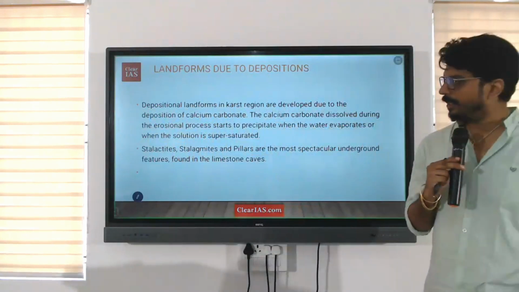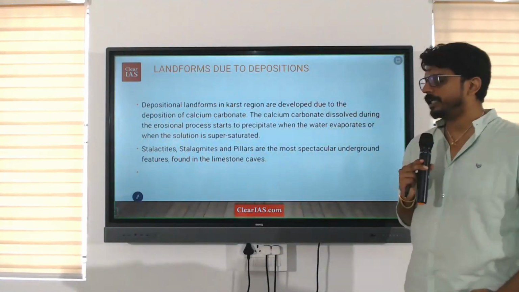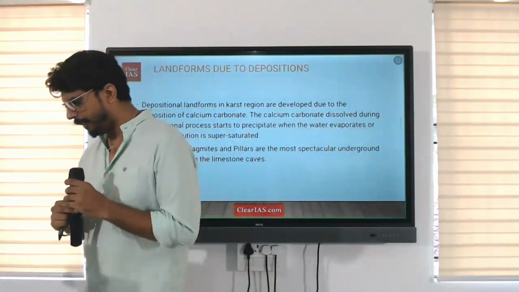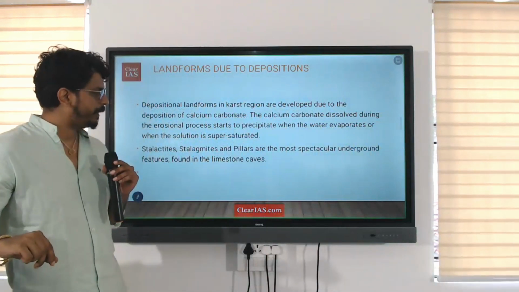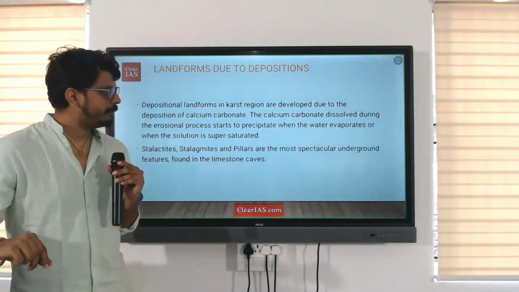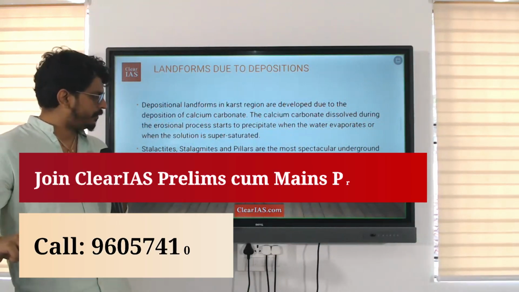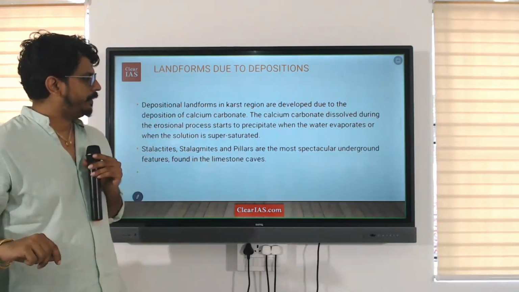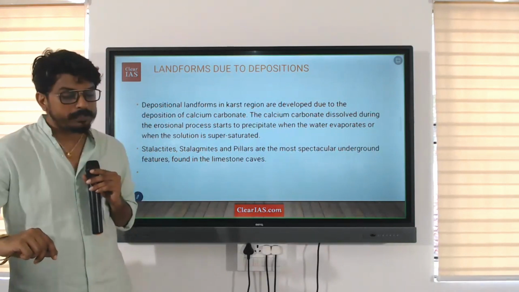The depositional landforms in the karst region are developed due to the deposition of calcium carbonate. The calcium carbonate dissolved during the erosional process starts to precipitate when the water evaporates or when the solution is supersaturated.